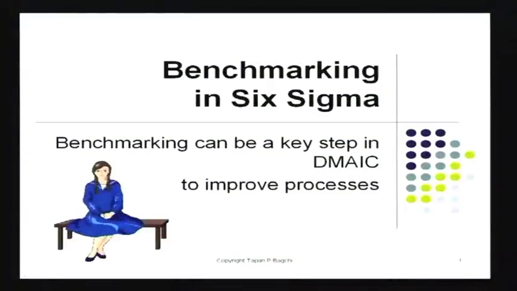Now, to begin here, something that I want to remind you of is the DMAIC procedure in Six Sigma. DMAIC stands for define, measure, analyze, improve and control. In all this, the position of A is analysis, and benchmarking can actually be a key step in that analysis.